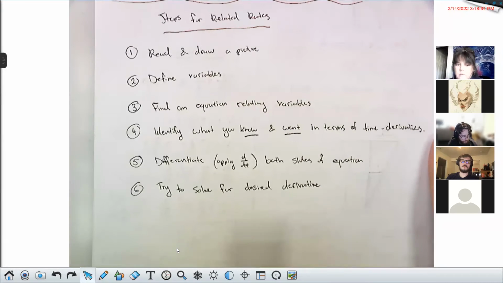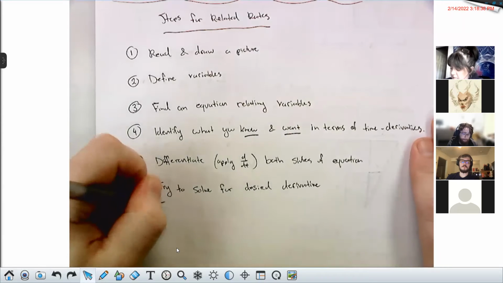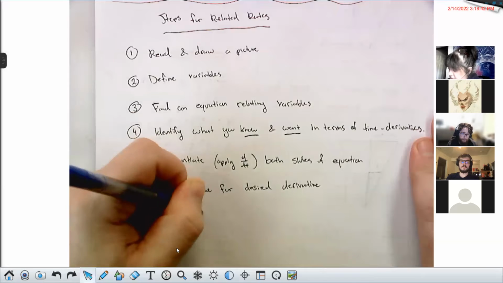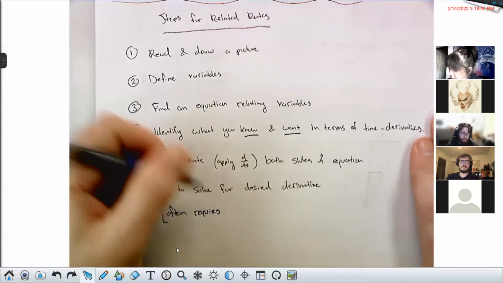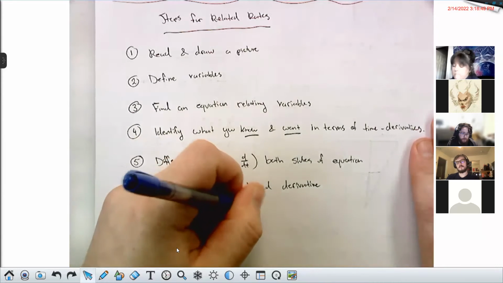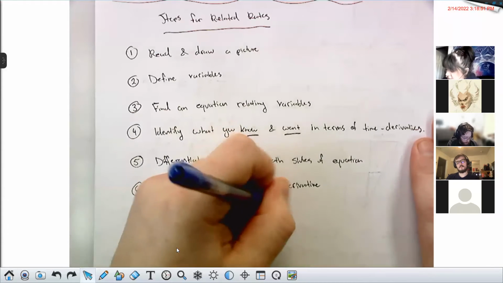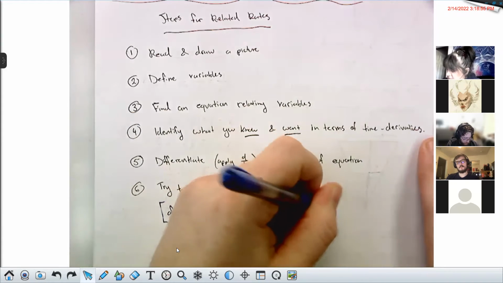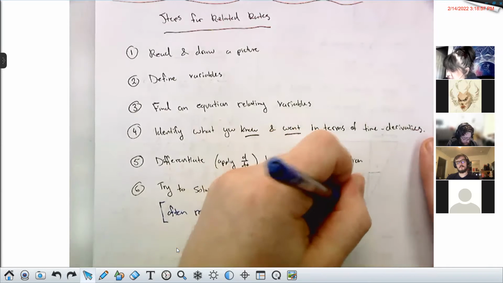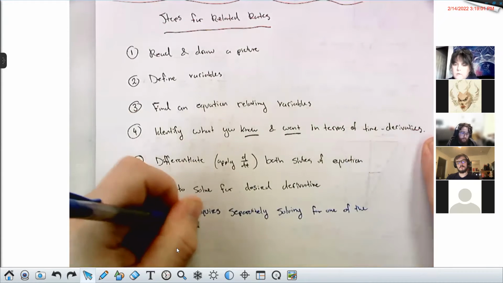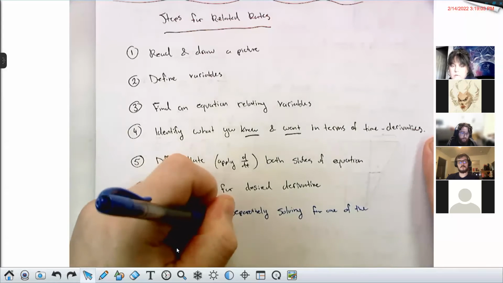And you may often, you will, separately be solving for one of the variables left over.